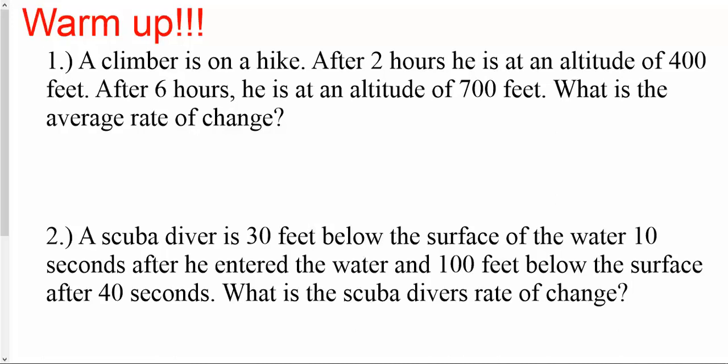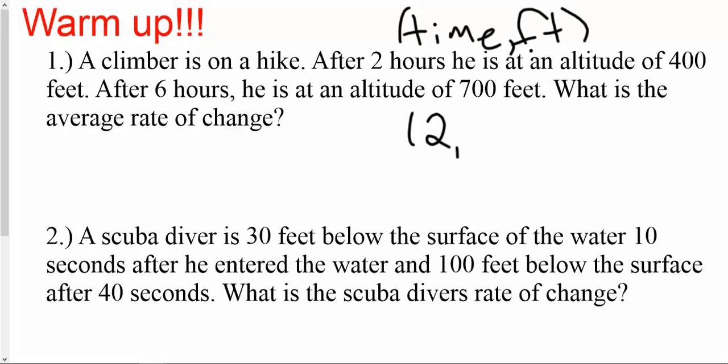So we need to determine which one is our x value and which one's our y value. Hours or time is always going to be our x. So in this case, we're going to consider it time, comma, feet. That's how we're going to set these points up. So I'll have 2 hours and 400 feet, and then at 6 hours, he's at 700 feet.